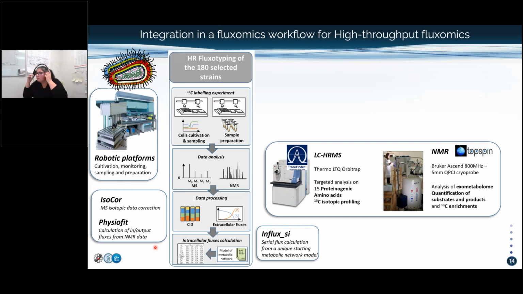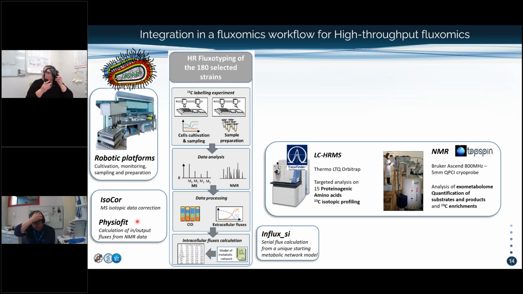We developed also a series of tools to increase the rate of analysis and processing of data. And in the end, a tool was developed also in the lab to increase throughput and also the resolution and precision of fluxes.